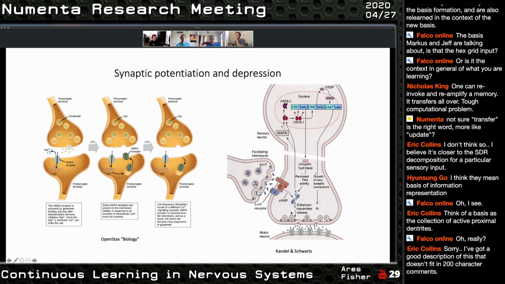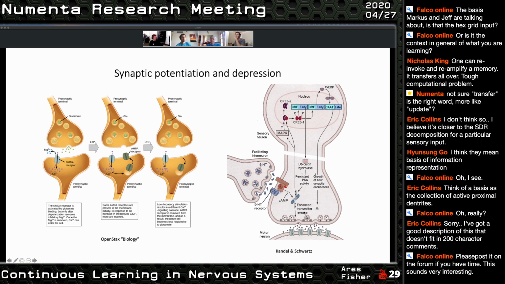You learn an association between the pre- and postsynaptic activities such that you strengthen the synapse. So there's short-term potentiation, which means that locally the postsynapse will traffic more glutamate receptors, and generally this synapse will become more responsive.